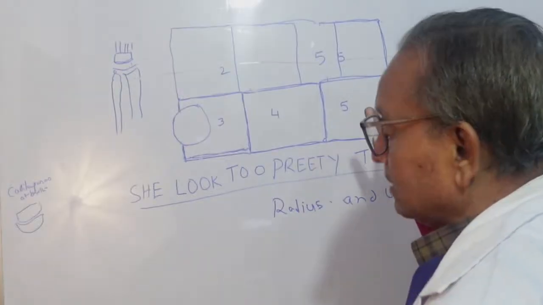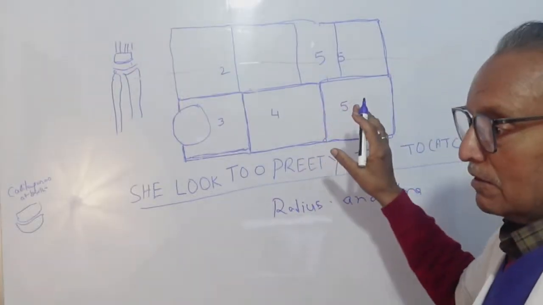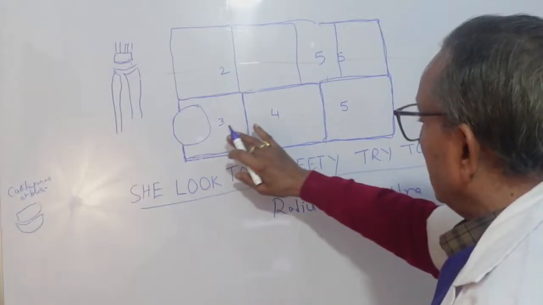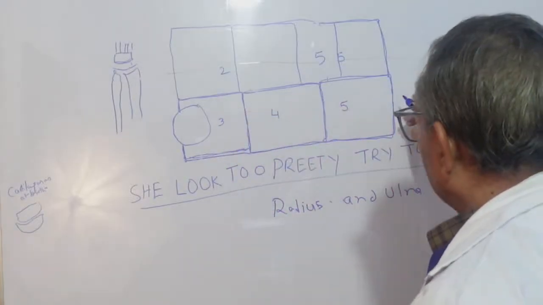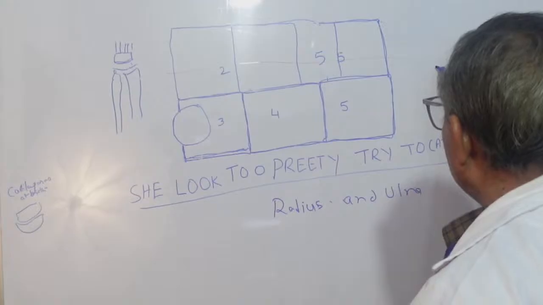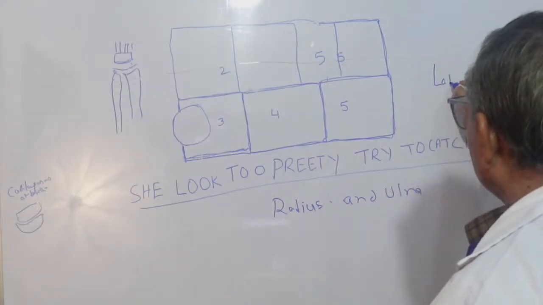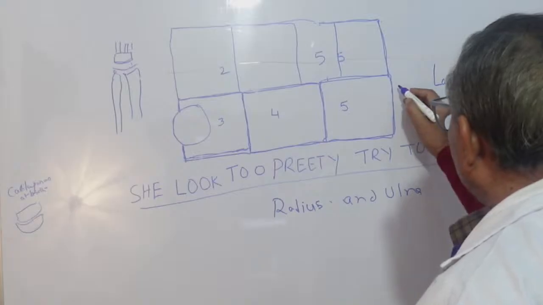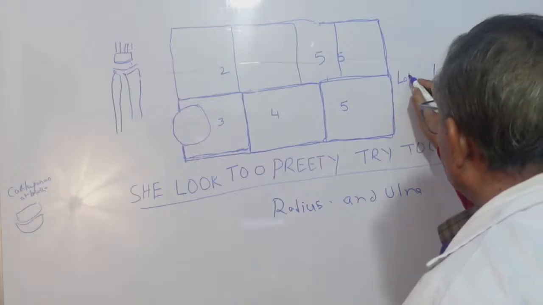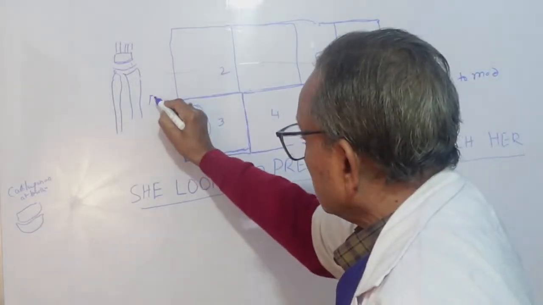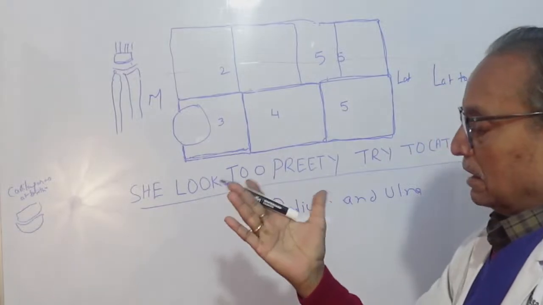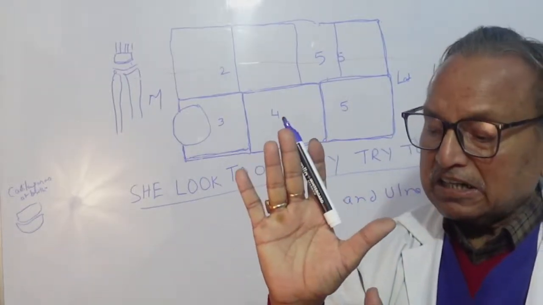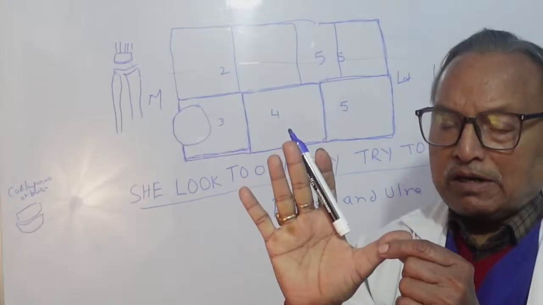If you are asked in your exam to tell the pattern of its arrangement, it will start from lateral. Then you have to say lateral to medial. This is the lateral and this is the medial. In the wrist, the thumb side will be lateral.